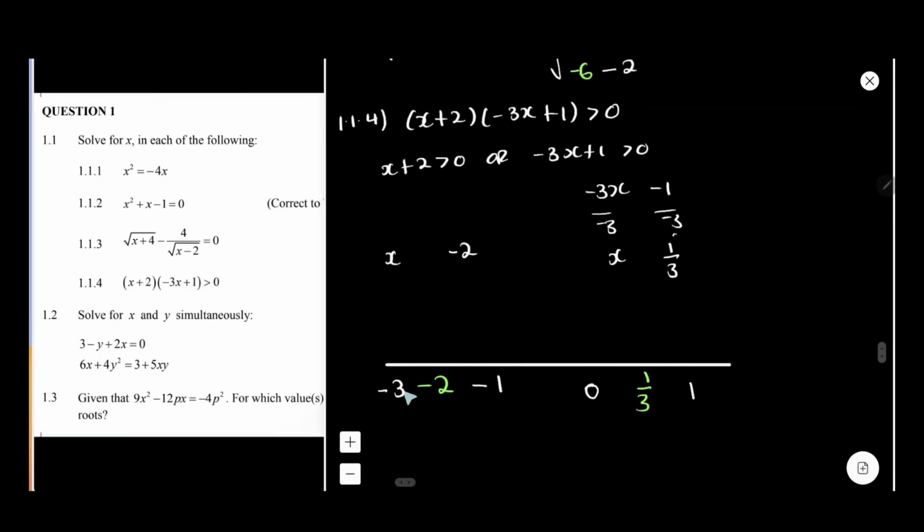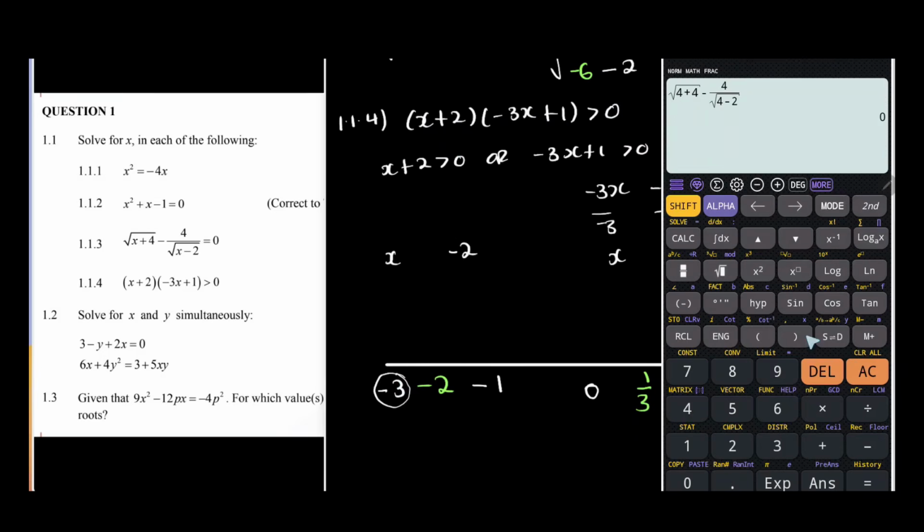What you're going to do is substitute these into your equation and find out if it really gives us a value greater than 0. So let's try negative 3. I'm going to take the equation as it is, put two brackets, so we have negative 3 plus 2 being multiplied by negative 3 in place of x, plus 1.